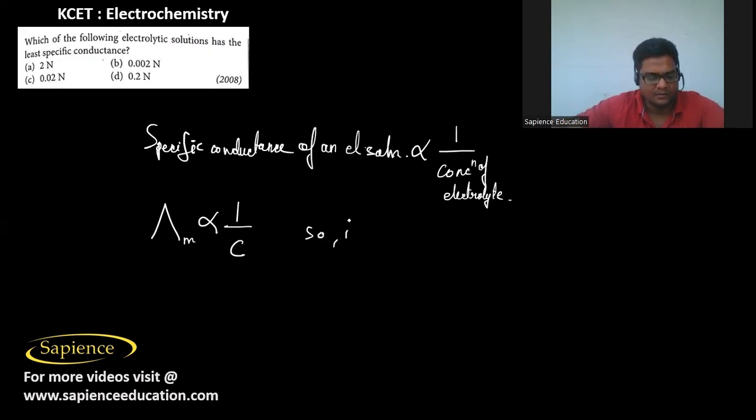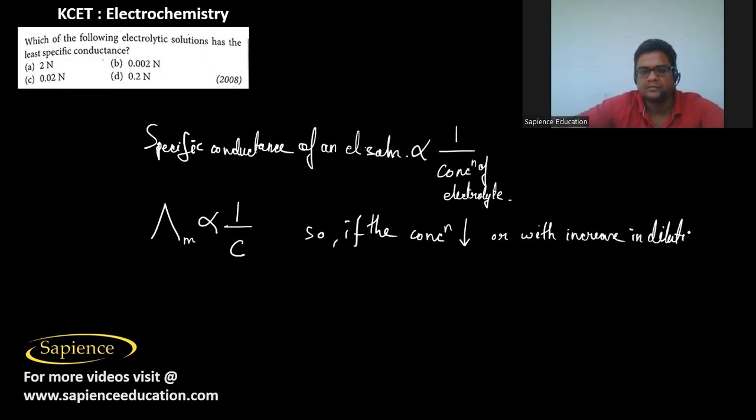So if the concentration is low, or with increase in dilution, the specific conductance will increase, or the molar conductivity will increase.